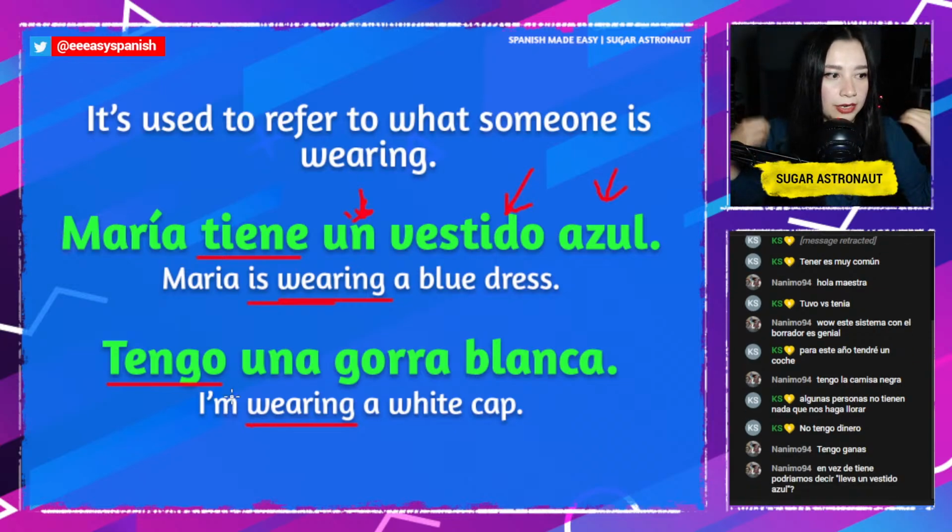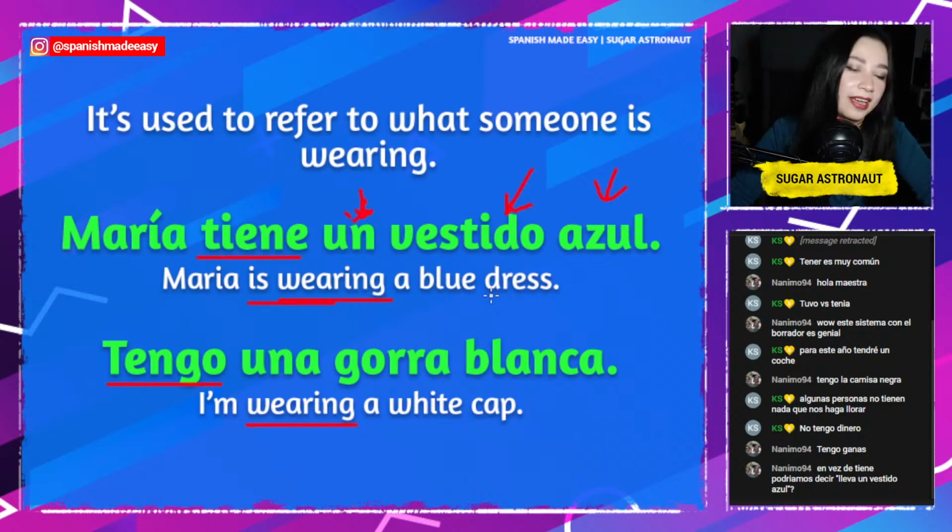What do you have on? Like, what are you wearing? But it doesn't mean to wear literally. Vestirse, vestir is similar to wear. But we can talk about that in a different lesson for sure.